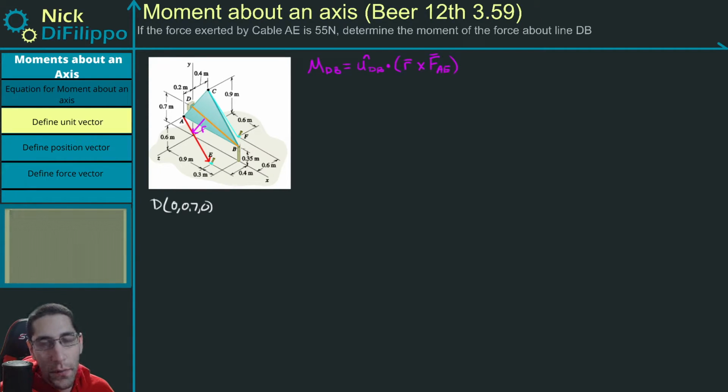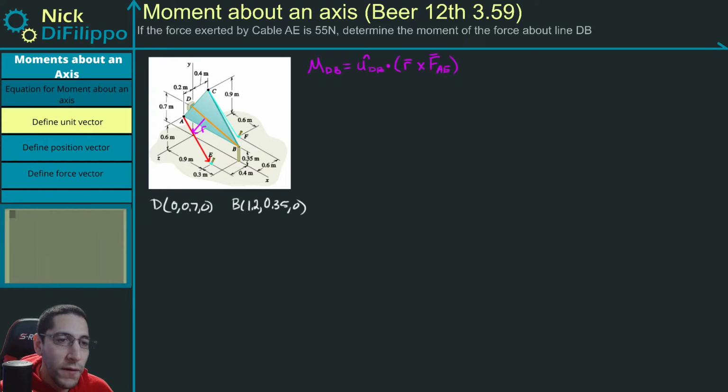B is the other point that we know. It's 1.2 along the X, 0.35 along the Y, and 0 along the Z. So 1.2, 0.35, and 0.